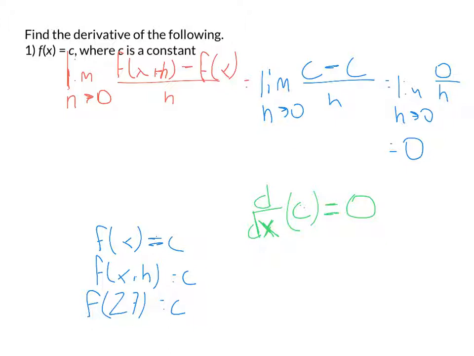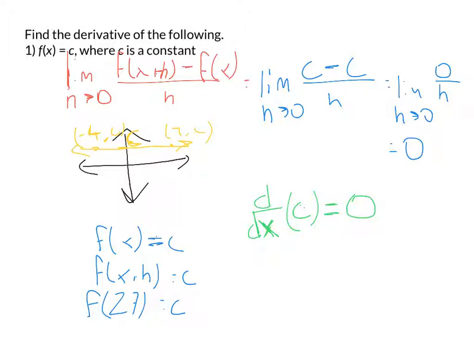If I draw a graph of this, there's just my coordinate plane. f of x equals c is some horizontal line that goes through c on the y-axis. So no matter what I plug in for x, the output is c, be it 7 comma c, or over here, negative 4 comma c.